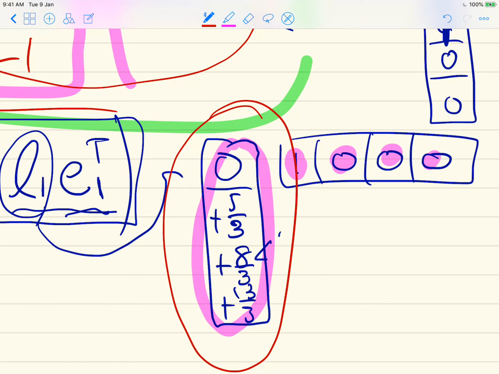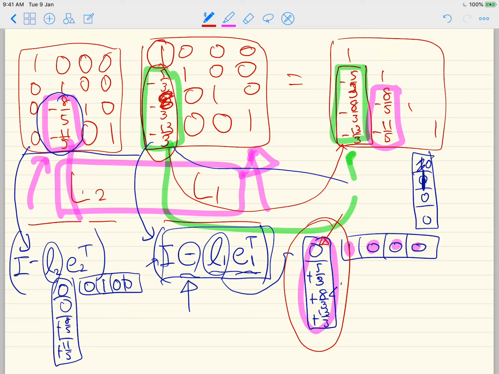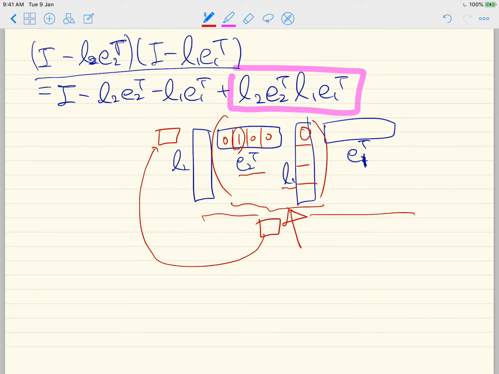And then the first value of our L1 will always be 0, because when forming this L1, we just needed to obtain this part, which is a lower triangular part, and along the diagonal we just have a 1, which is coming from this identity matrix, right? And so this L1 will always have 0 over here, right?